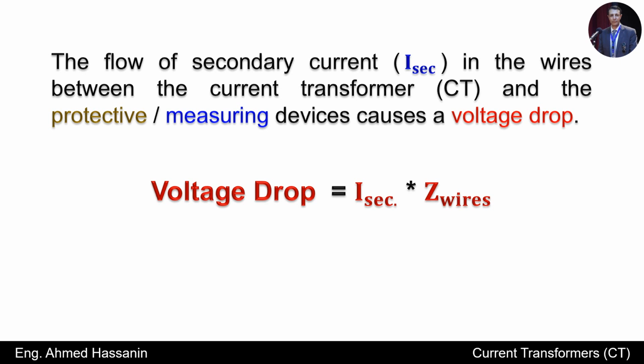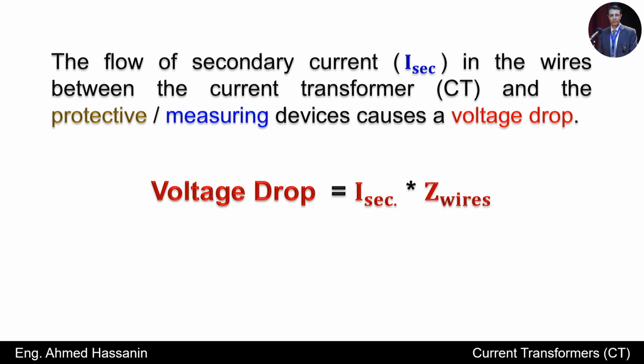So, the flow of the secondary current through the wires between the current transformer and the protective or measuring devices makes a voltage drop, where the voltage drop equals the secondary current multiplied by the resistance of these wires.